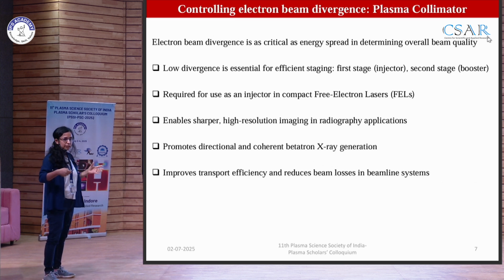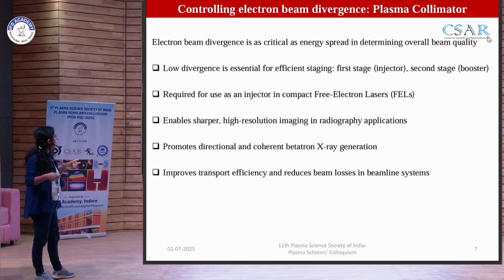Now, since the main theme was to control the electron beam divergence, first I will discuss why I need a low divergence beam. First, low divergence is essential for efficient staging, where we accelerate the electron beam in two stages. The first stage is the injector stage, and the second stage is the booster stage. For a low divergence electron beam, the coupling between the two stages will be easy and efficient.